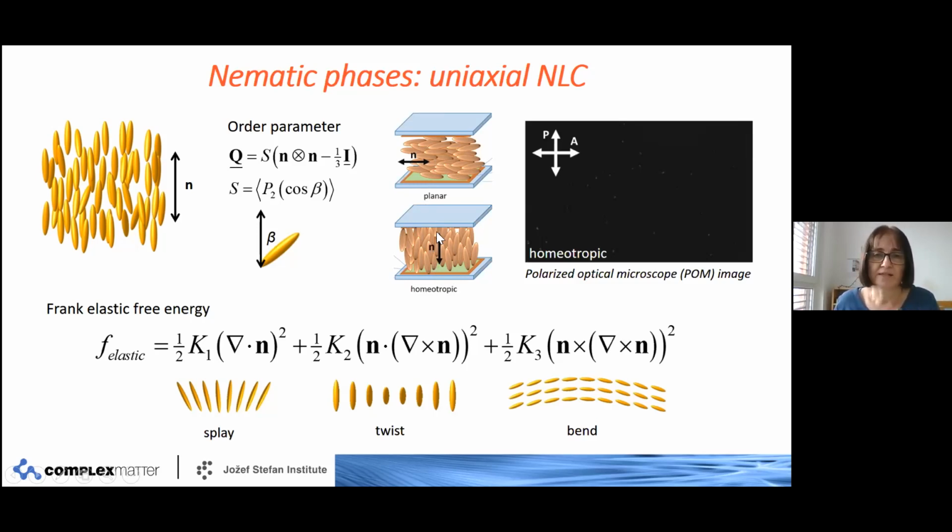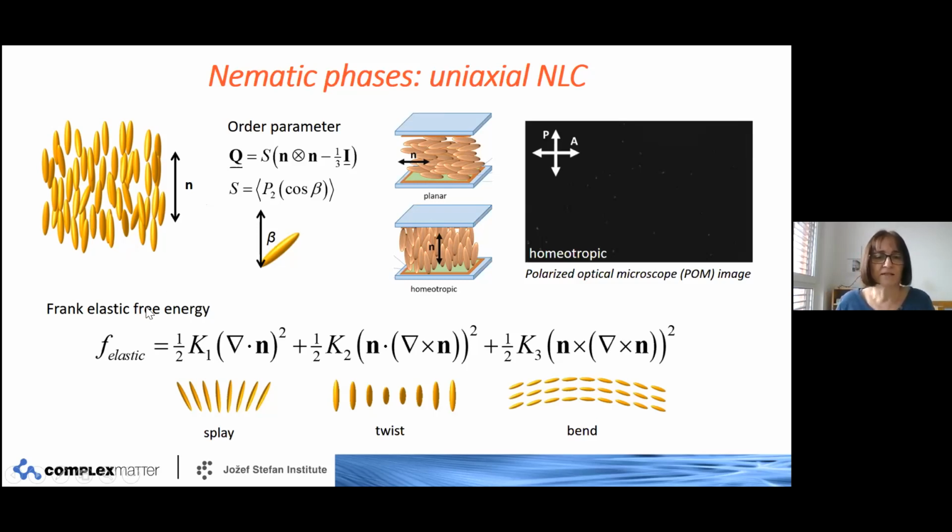The nematic phases are birefringent. That is why we can study them by using a polarized optical microscope. So any changes in the orientation can be seen by the optical microscope. Because the ground state is uniform, any deviation from the uniform state will cost elastic free energy.